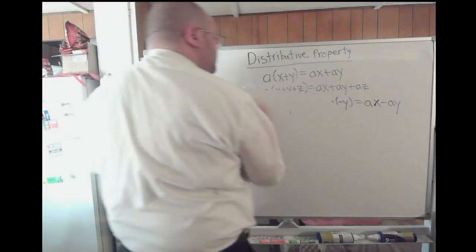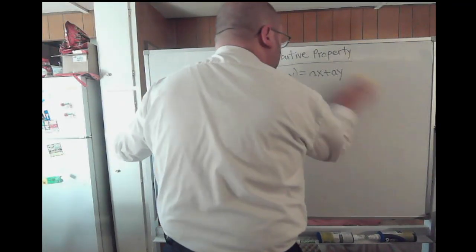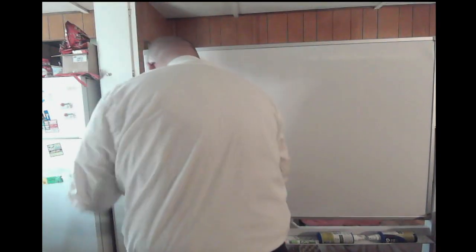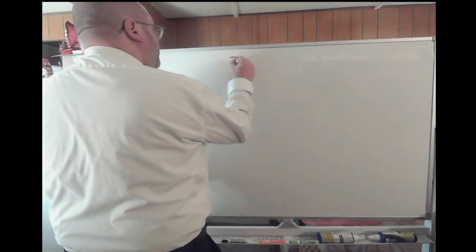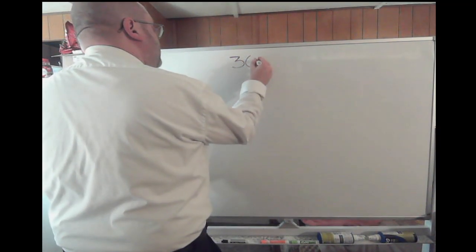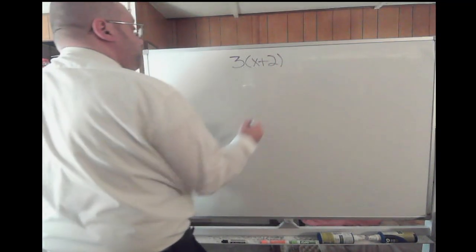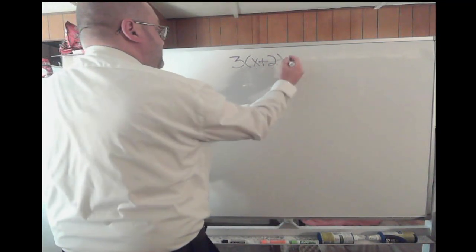So let's get into some problems here. Alright, let's say we have 3 times x plus 2. So we're given the distributive property, we have 3 times x plus 2.